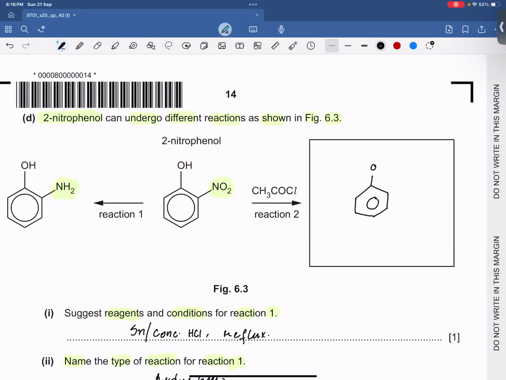This is oxygen. This is C double bond O. And then CH3. Okay. So that's the organic product.